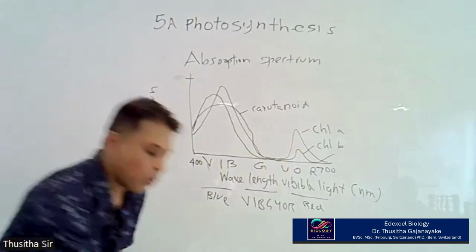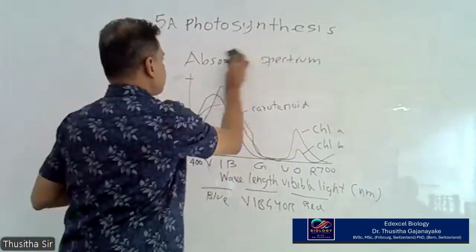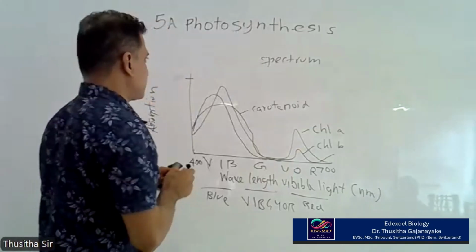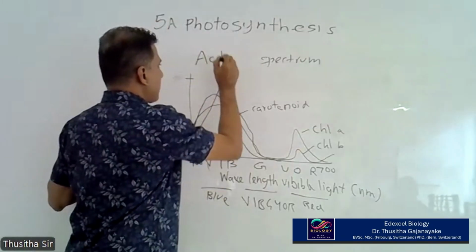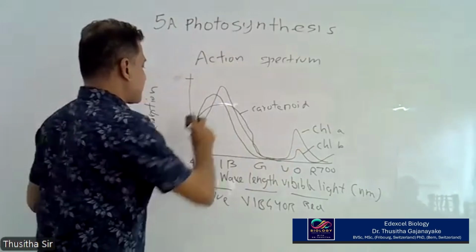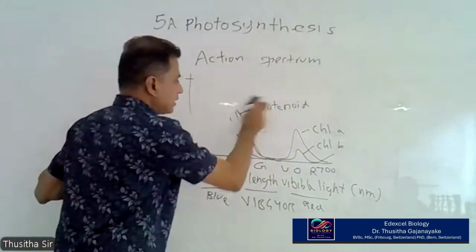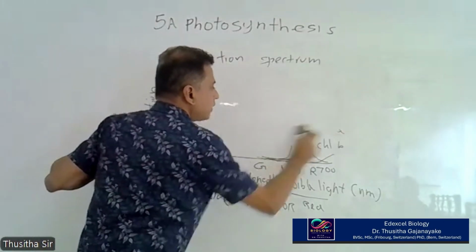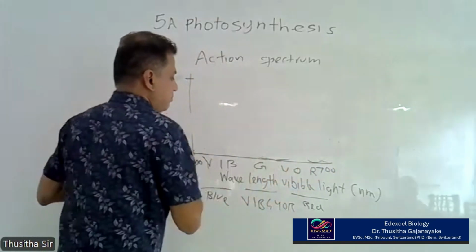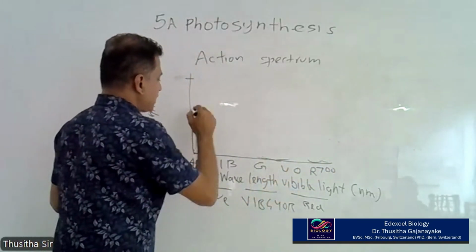Then we can also draw another graph similar to this, called action spectrum. So action spectrum represents the overall rate of photosynthesis at different wavelengths. It's like this.